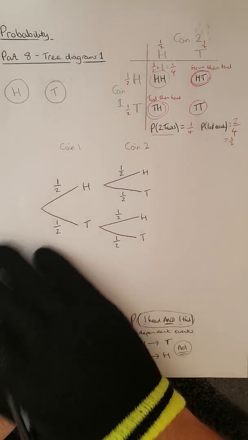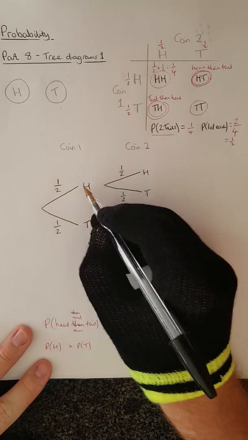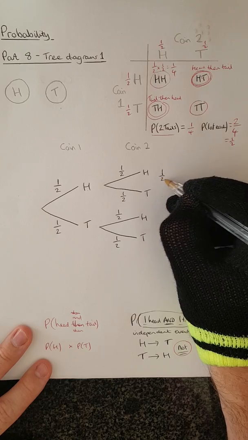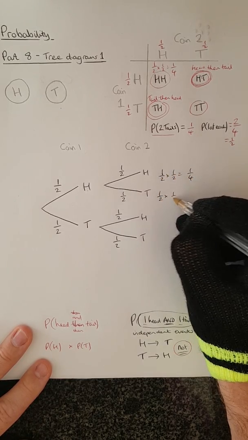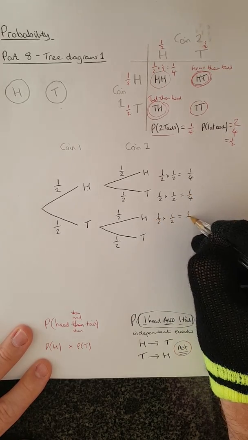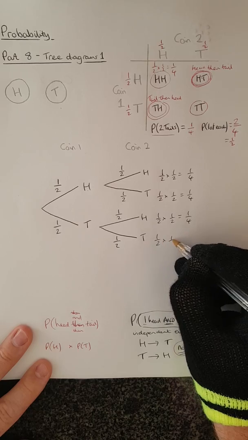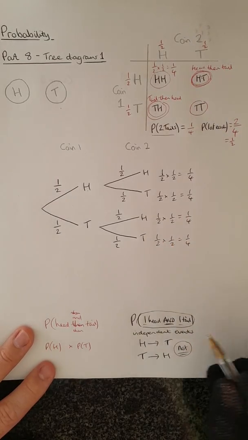And then I calculate the probabilities afterwards. So heads and a head, heads then a tails, tails and a heads, and then a tails and a tails. And you can see they're all the same, which we knew.